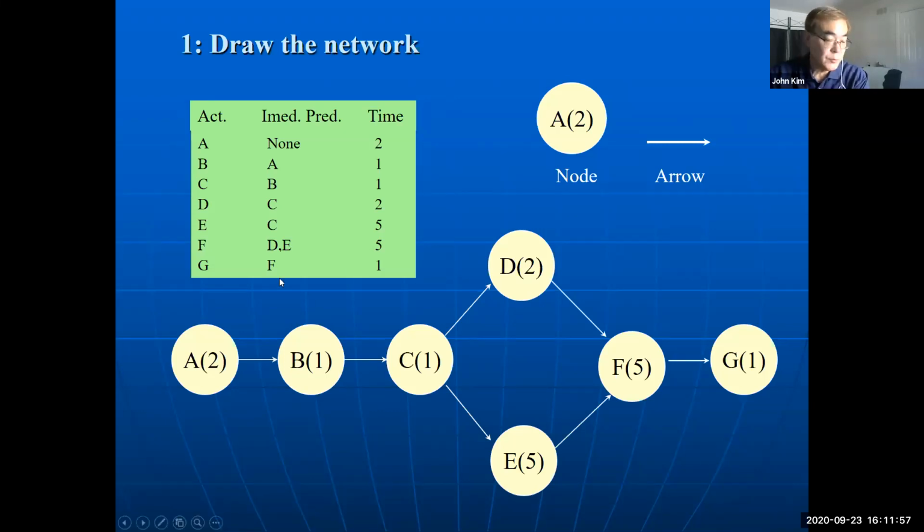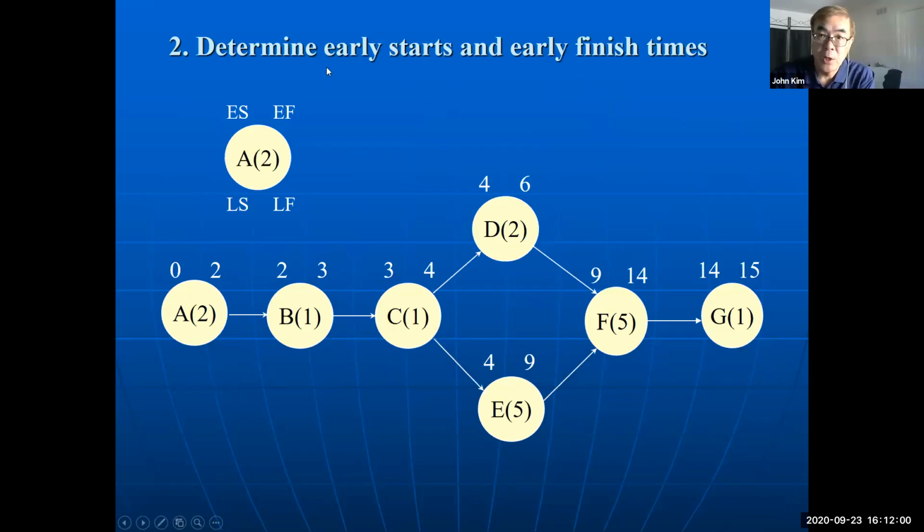Then step 2, determine early start time and early finish time. We can write early start time on the top left side and early finish time on the right side.